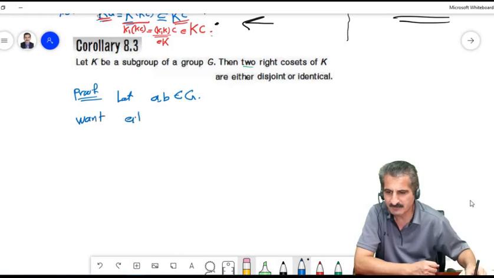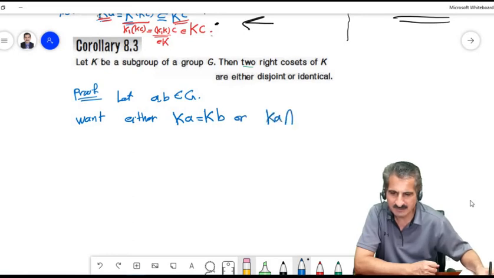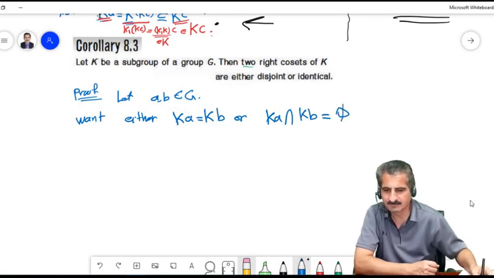Now we will show that either Ka equals Kb or Ka intersect Kb is empty. So let's assume this is not happening.